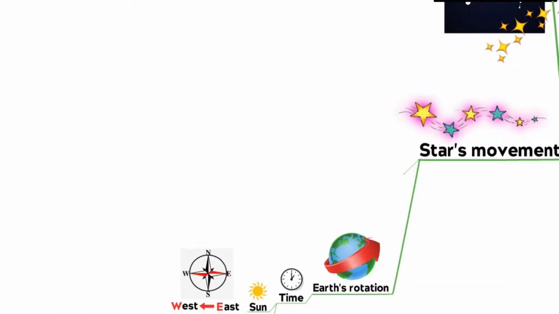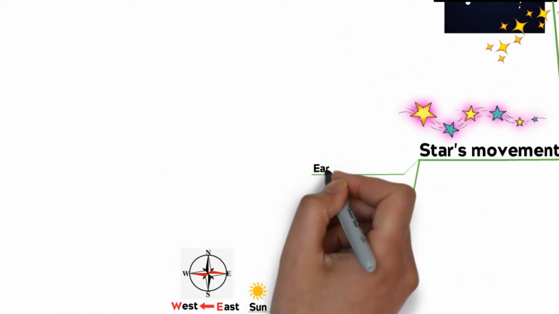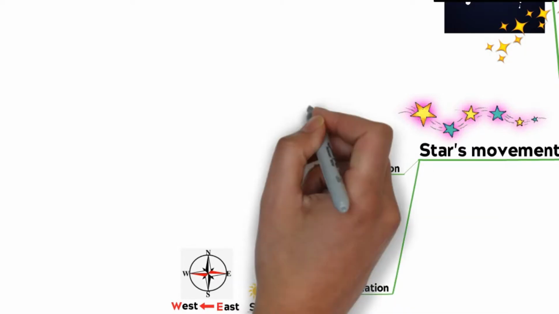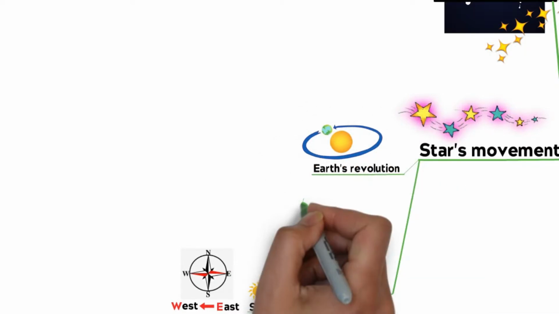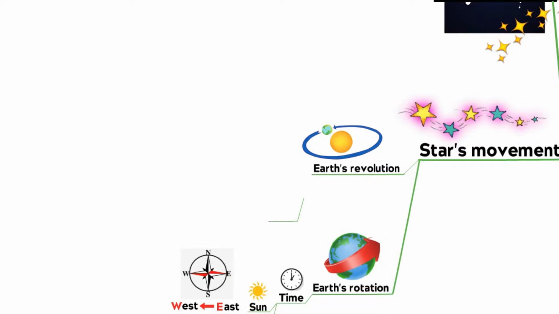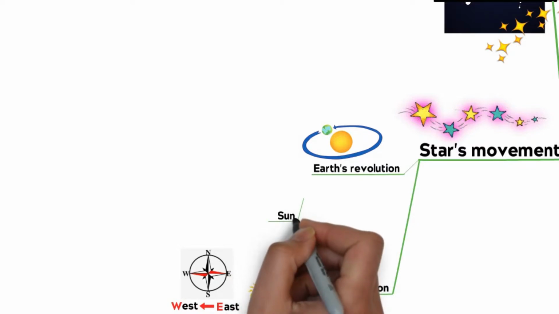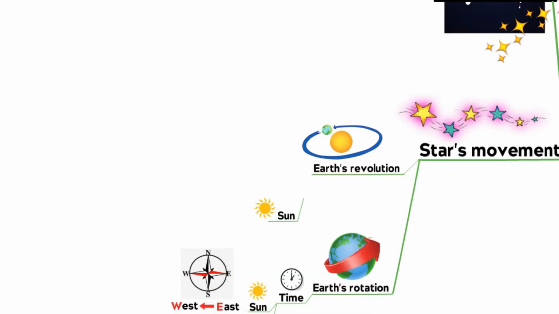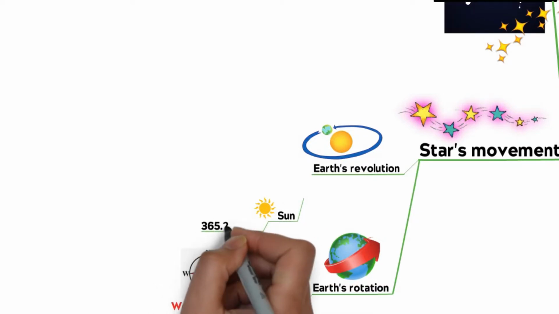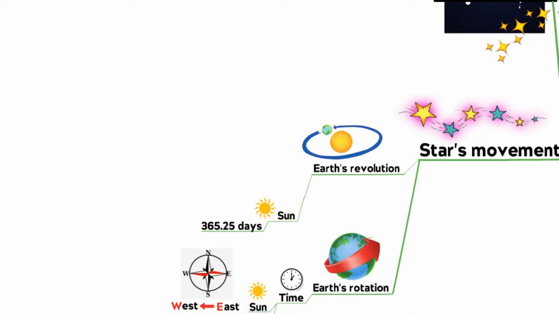In addition to the Earth's rotation, the Earth also revolves around the Sun every 365.25 days.